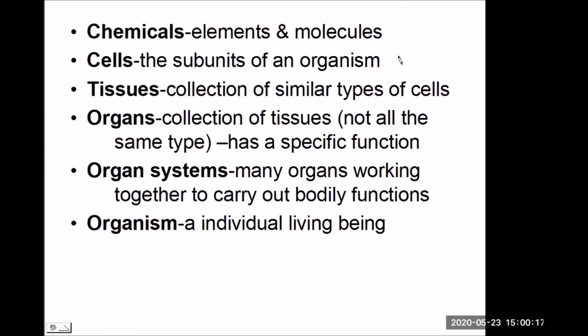So to add some notes to each of these levels, the chemical levels we just mentioned: the major elements, and we'll spell out exactly which are the most common in our body, and the major molecules, such as protein and fat.